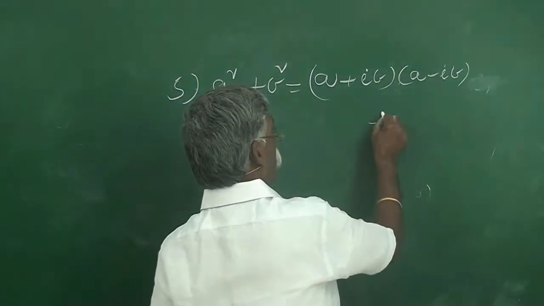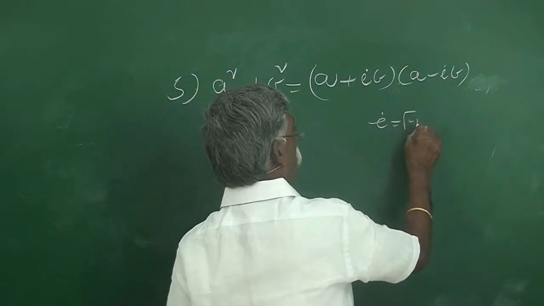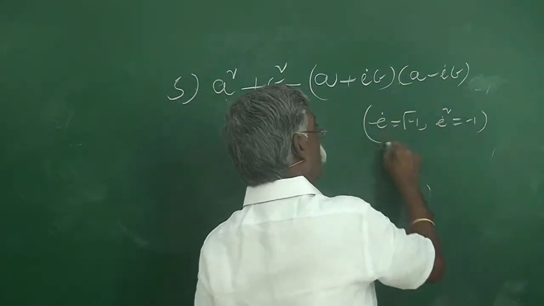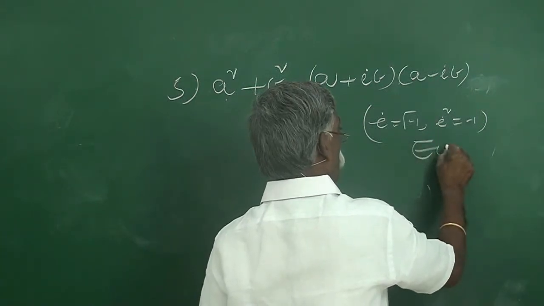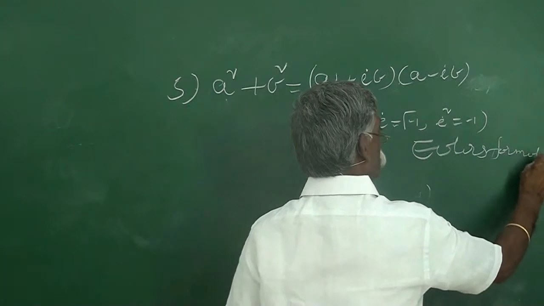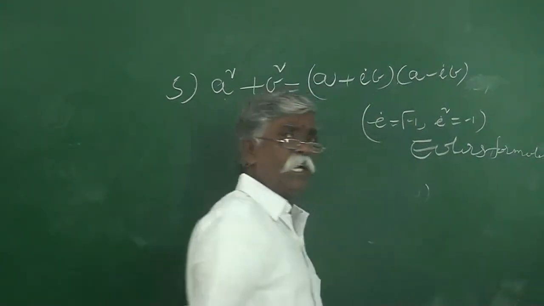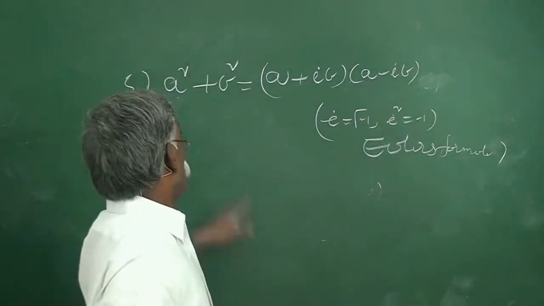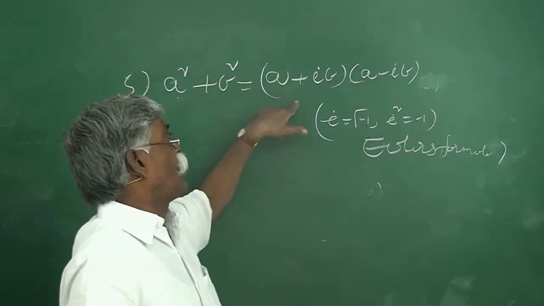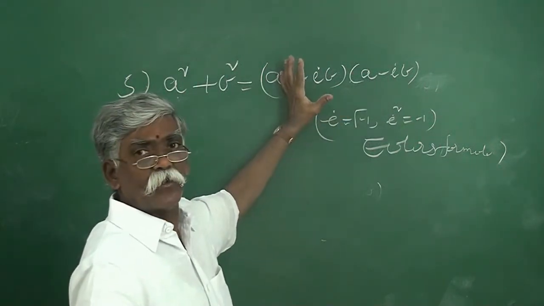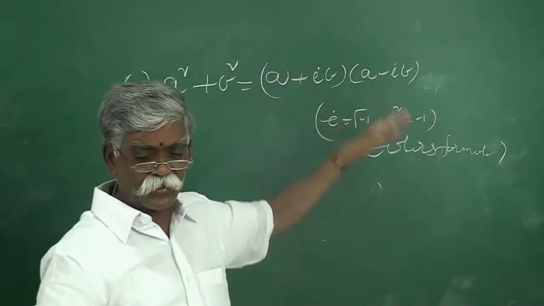Here actually i is equal to root of minus 1 and i square is equal to minus 1. This is Euler's formula, because he is the mathematician who introduced these symbols. So a square plus b square is equal to (a plus ib) into (a minus ib). These factors are in complex numbers in higher studies.